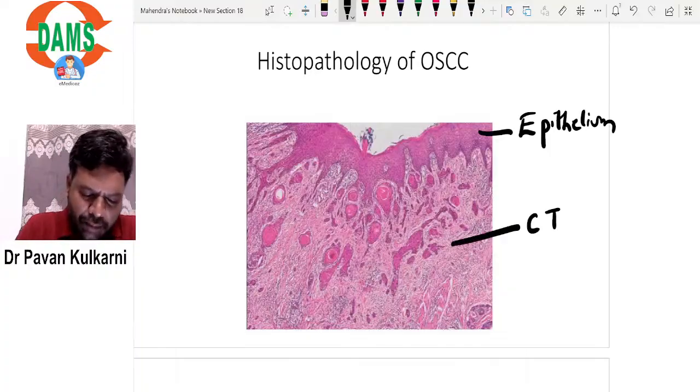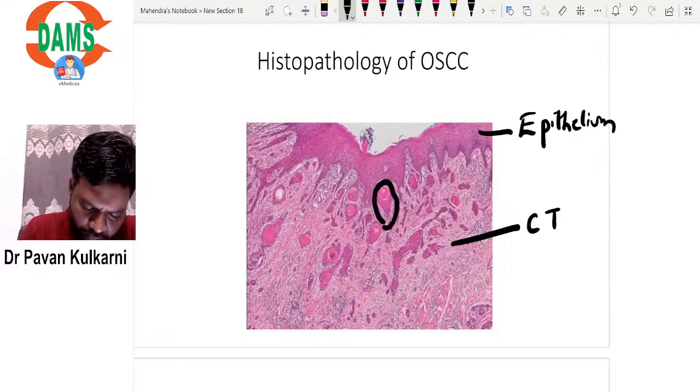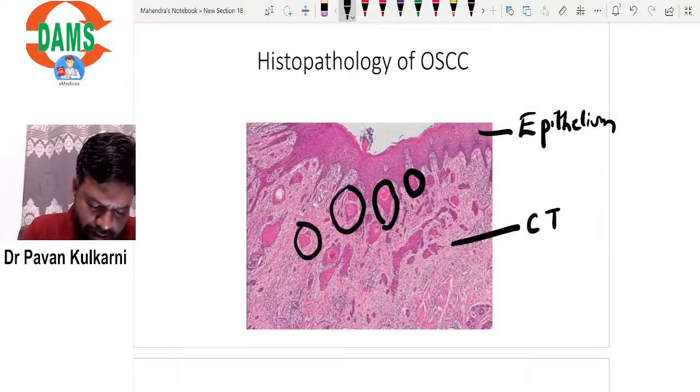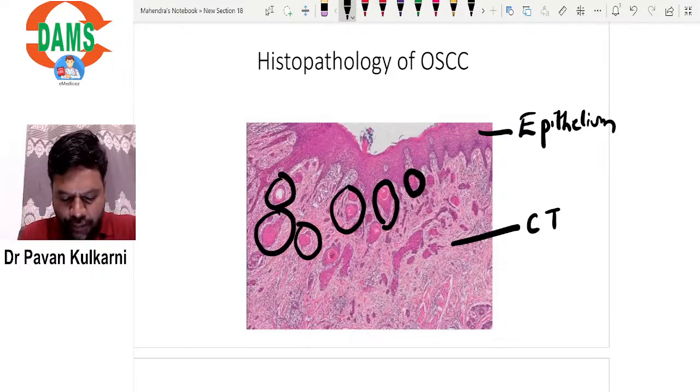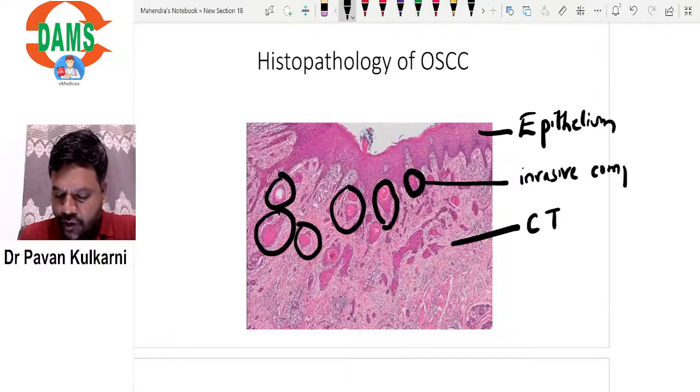Whatever I am highlighting right now are your invasive components. Look at that, wherever from the epithelium, they have entered into the connective tissue.